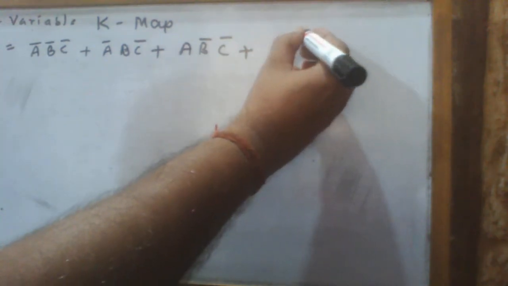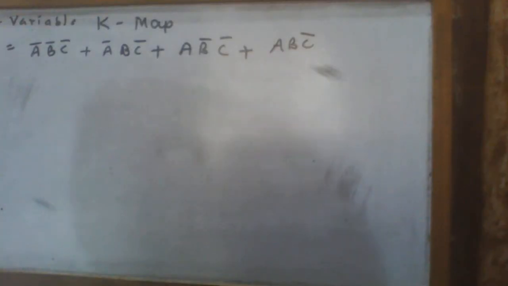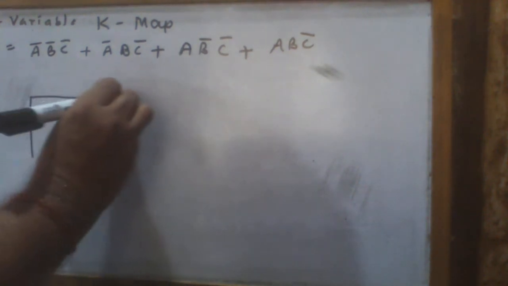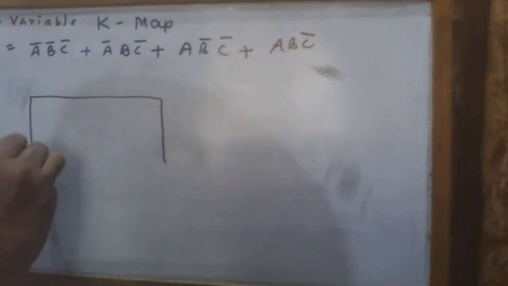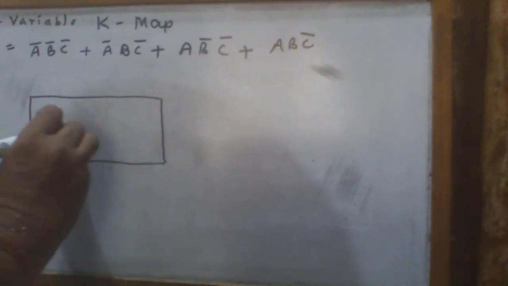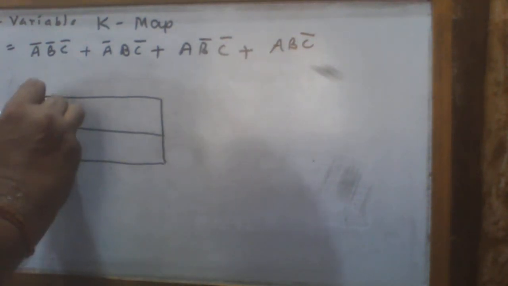Suppose this is the equation given to us. Now we are going to plot the K-map for this equation, and we know that 3 variables are available in each term, therefore it is not necessary to modify this equation.